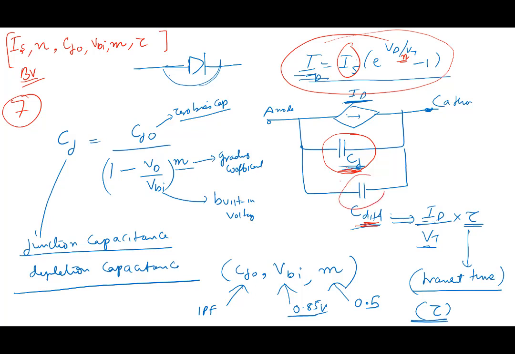CJ and C diffusion. Please remember that if there were no capacitances, my device would be purely resistive and it would work up to infinite frequency. There's no speed limitation. All speed limitation of a device comes, why? Because there's capacitance. Capacitances take time to charge and discharge. That's where all the delay comes.